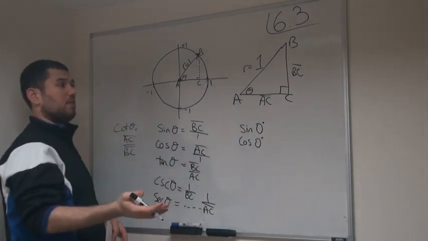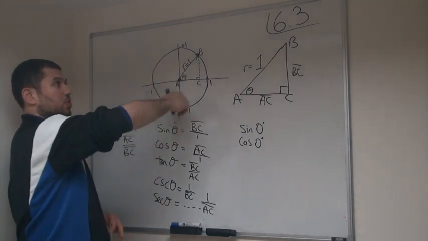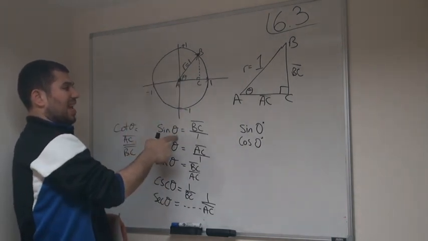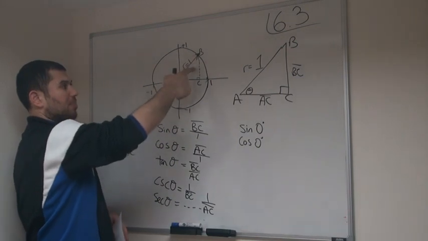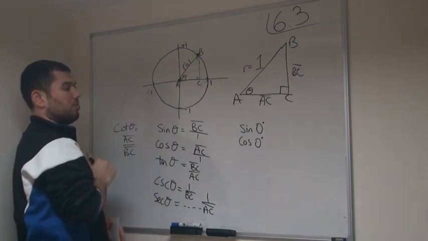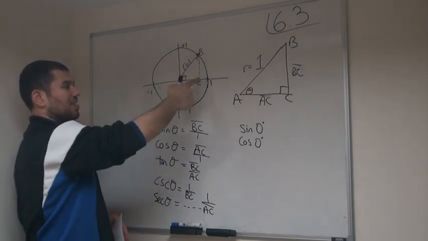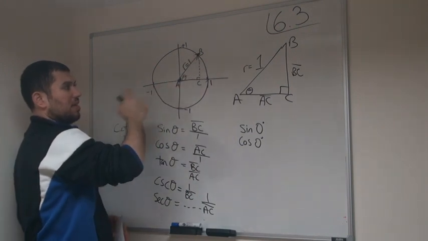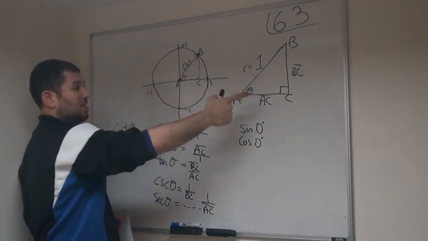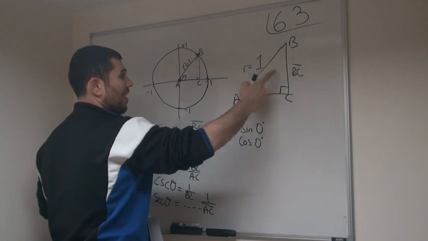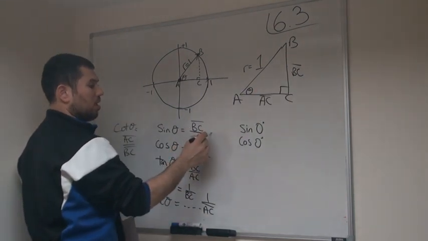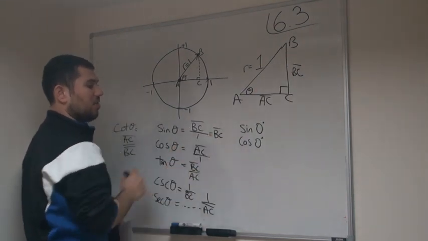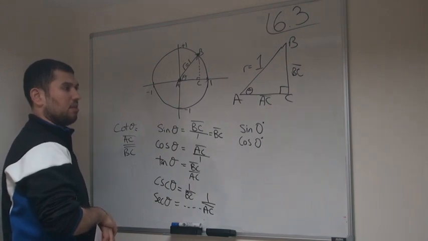Well, how would you go about doing it? By the unit circle method, the sine of an angle is equal to the opposite side over the hypotenuse. Since the opposite side is BC and the hypotenuse is equal to 1, I can just say, hey look, it's the opposite side, BC.